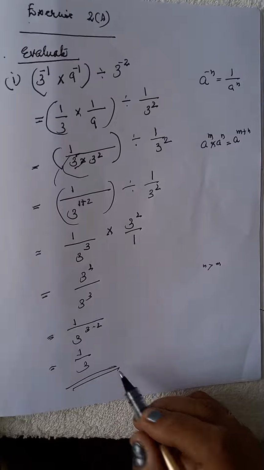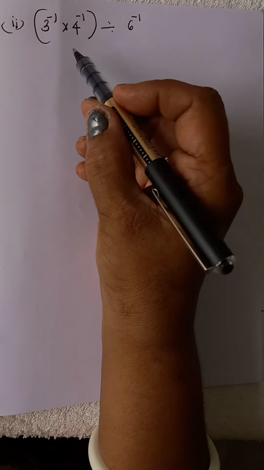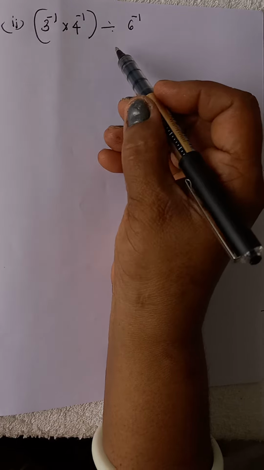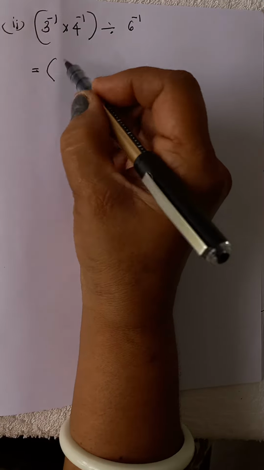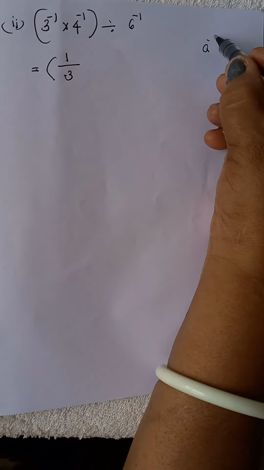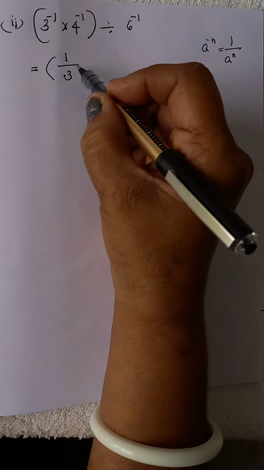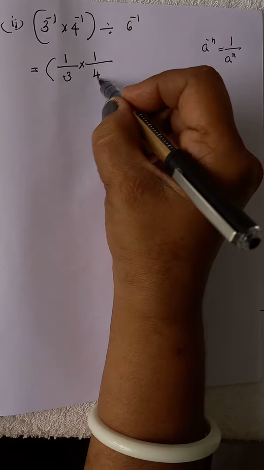That is the answer. Now the second sub question is 3 raised to minus 1 into 4 raised to minus 1 divided by 6 raised to minus 1. Now that is equal to 1 divided by 3, using a raised to minus n is equal to 1 by a raised to n, into 1 divided by 4.